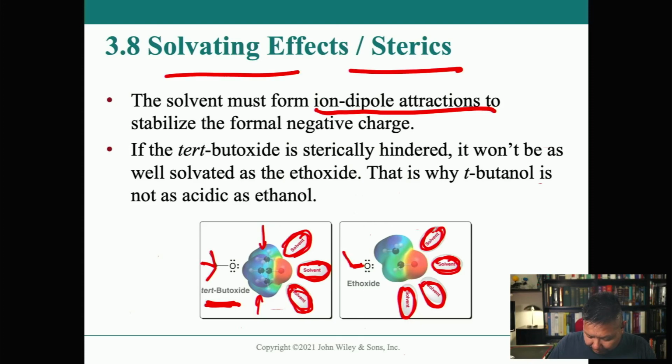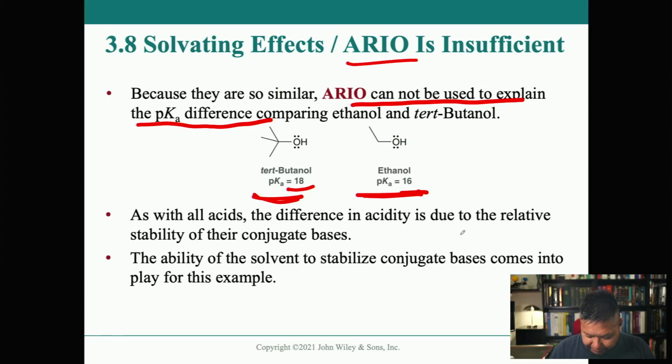And that's why you have a pKa of 16 here for ethoxide, but a pKa of 18 here for tert-butoxide, right? So solvent effects also, in addition to REO, help with the determination of the stability of the conjugate base, right? And so that's how we answer that question.